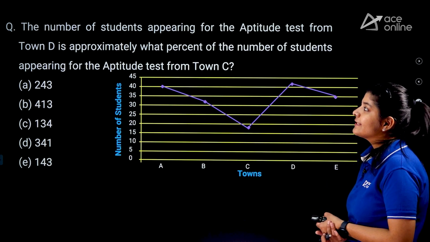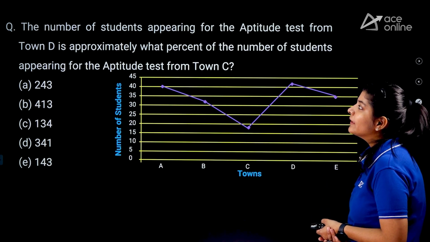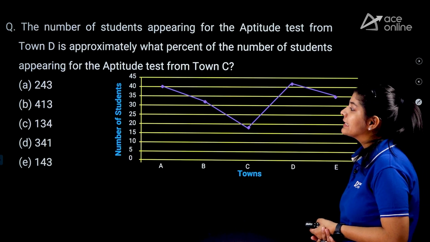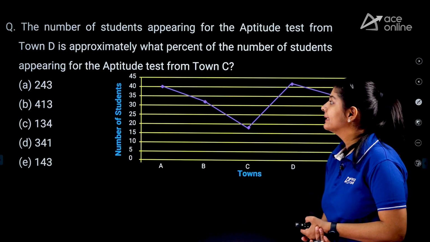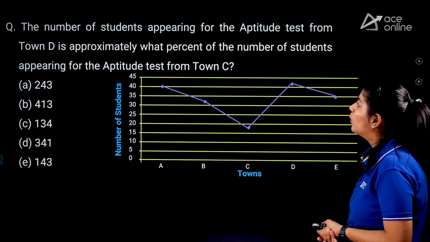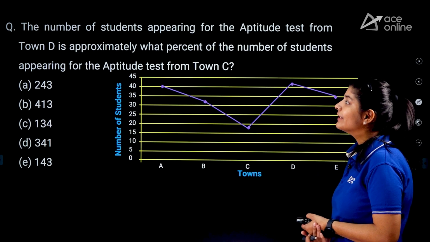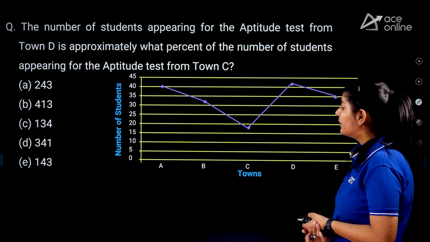The next question says that the number of students appearing for the aptitude test for town D is approximately what percent of the number of students appearing for the aptitude test from town C?